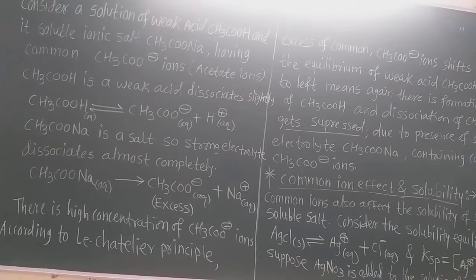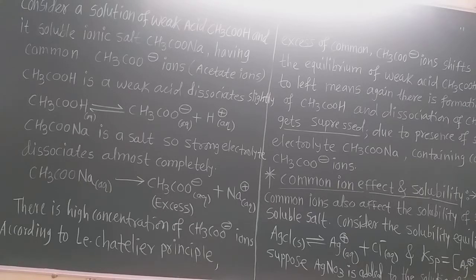That means the weak electrolyte is already very weak, it dissociates to a very small extent, but if we add into that a strong electrolyte containing a common ion, the dissociation or ionization of that weak electrolyte gets suppressed. That means it does not ionize more, and that is the common ion effect.